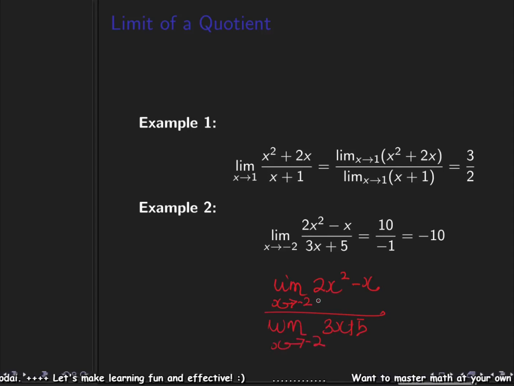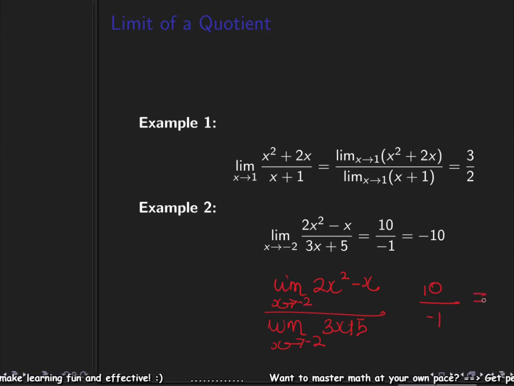So evaluating that for the numerator, we have a 10. Then for the denominator, we have a negative 1. And this gives us negative 10.